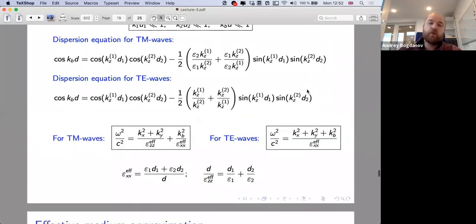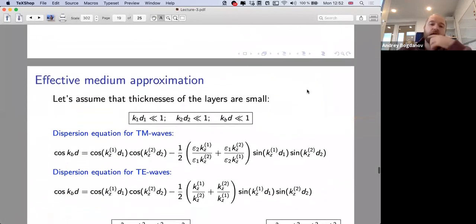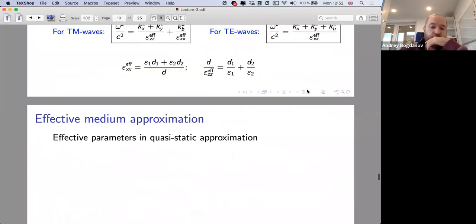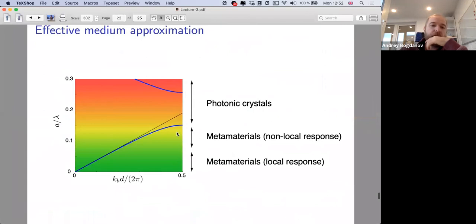Summary. Remember, this is the dispersion for a multilayer structure, and this dispersion has a band gap. But if we work in this, let's say, green region, the dispersion is linear for a certain direction.